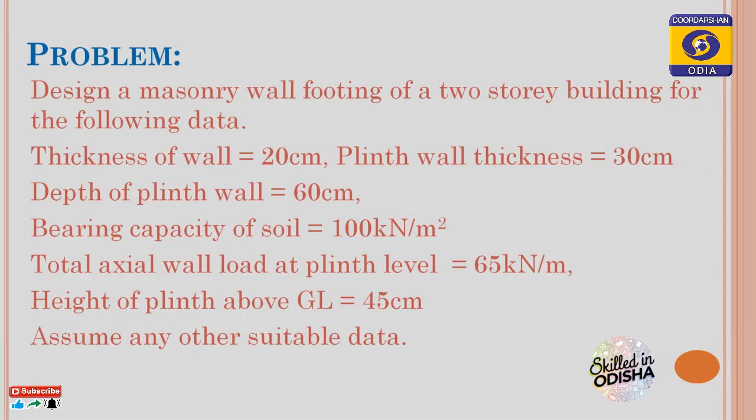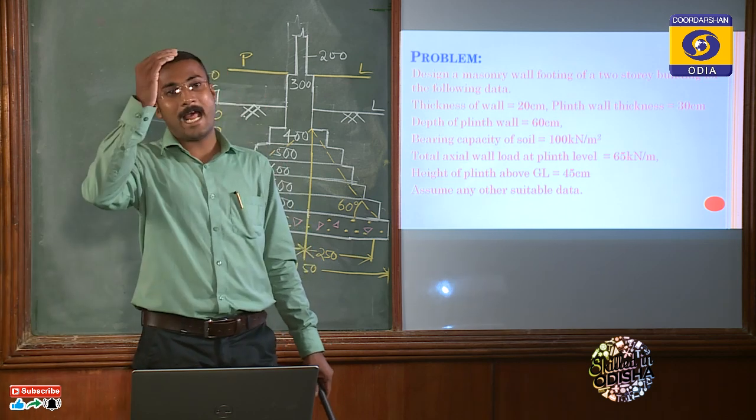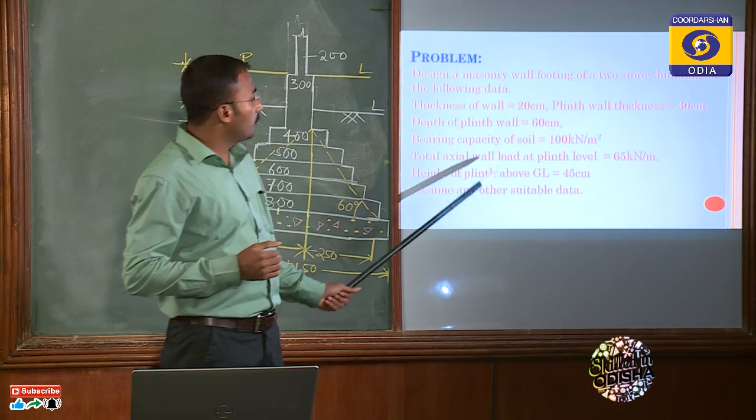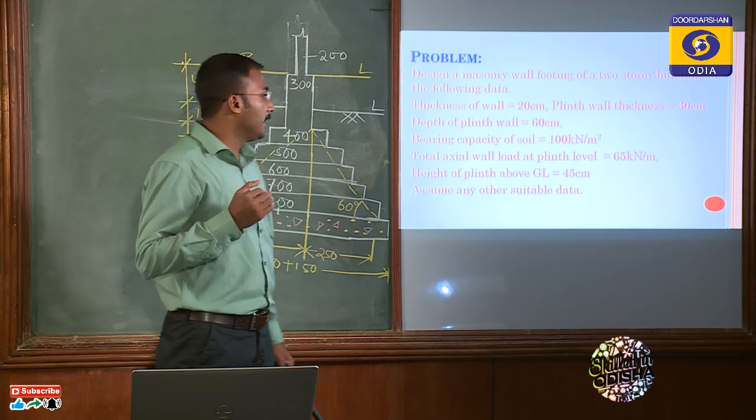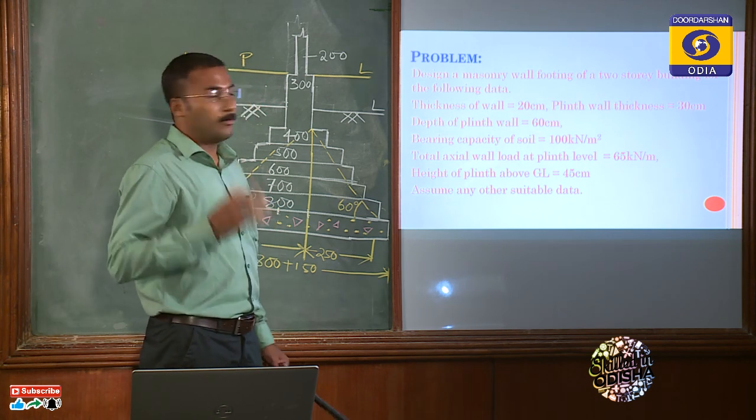The bearing capacity of the soil is 100 kilonewton per meter square. This is the safe bearing capacity. The total axial wall load at plinth level is 65 kilonewton per meter. So the load is coming from the slab, then to the load bearing wall, then to the foundation.